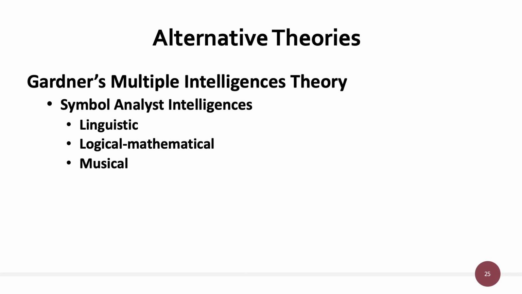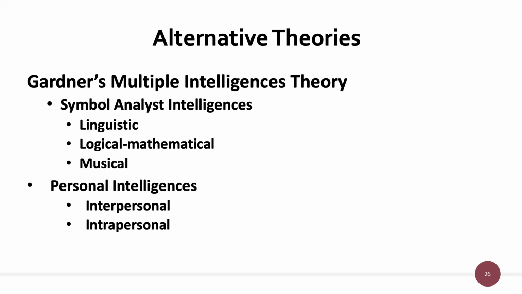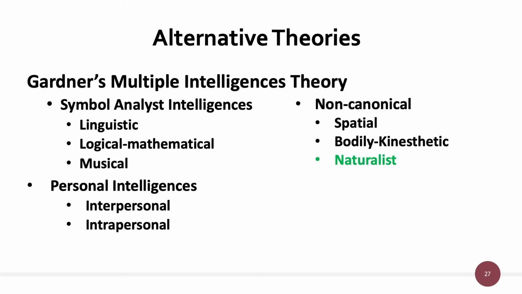3 of the intelligences have been labeled symbol analyst intelligences as they involve the use of linguistic, mathematical, and musical symbols in an often abstract manner. 2 of the intelligences have been labeled personal intelligences as they involve making distinctions among other individuals as well as knowing one's own thoughts and feelings. And 3 of the intelligences have been labeled non-canonical in that they do not relate to each other.